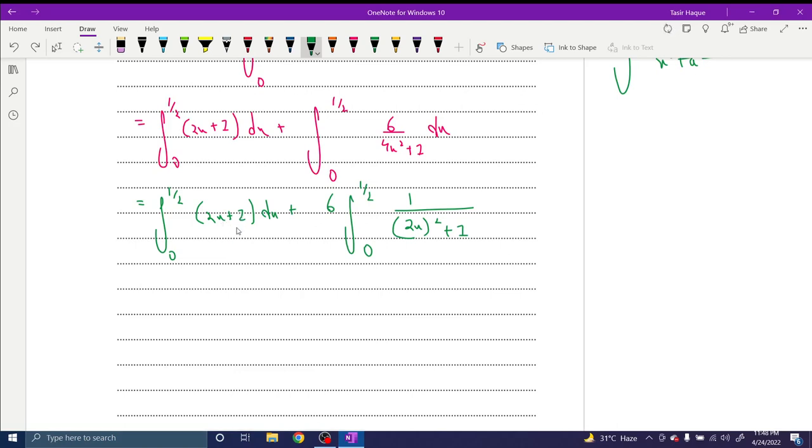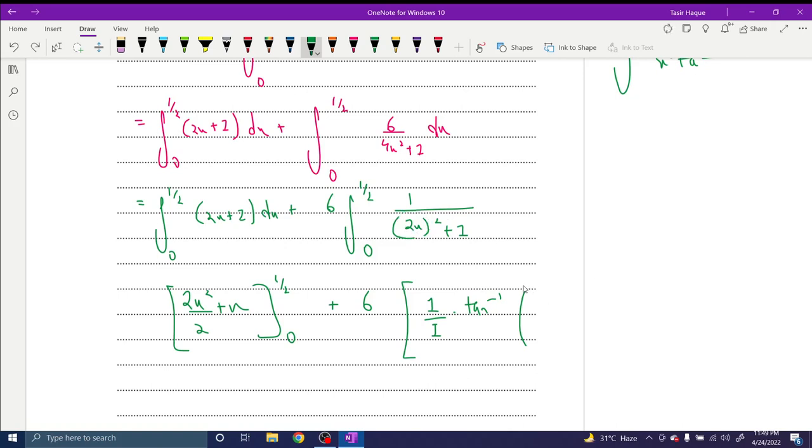So the integration for this side is pretty simple, right? It's going to be twice x square by 2 plus x from 0 to half, and the one for this side is going to be plus 6. Okay, so think about this. This is our x and this is our a. So what is a? It's just 1, right? So it's 1 by 1 into tan inverse x by a.